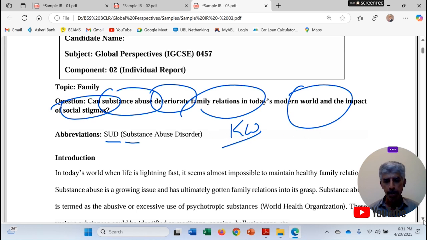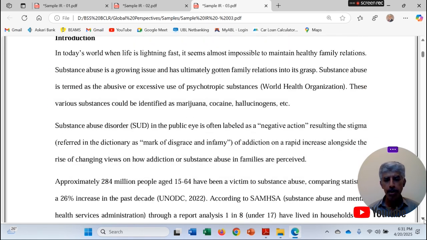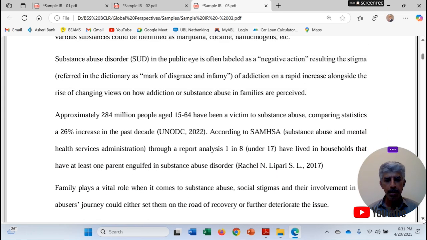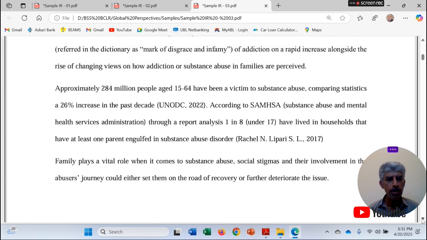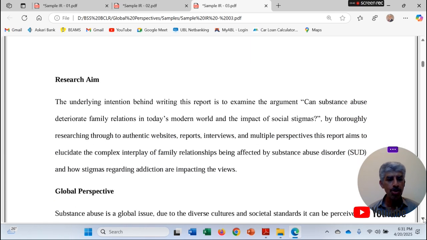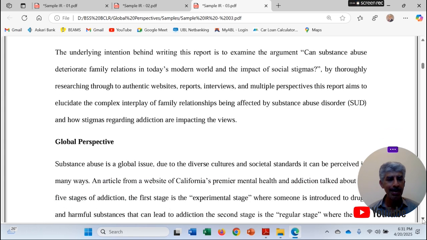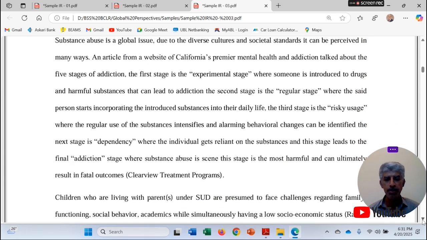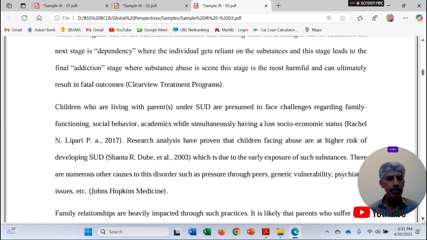And here the student has given SUD, substance use disorder. So in the introduction, the student has given the relationship between the keywords of the question, and then the research aim, that is, why the student was conducting that research.